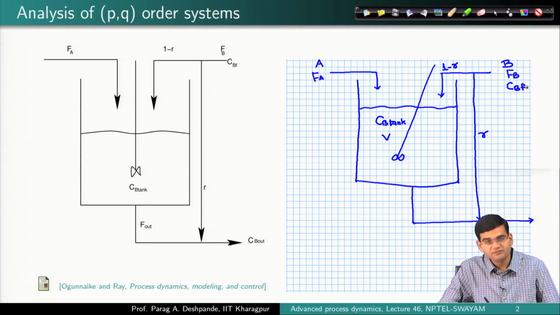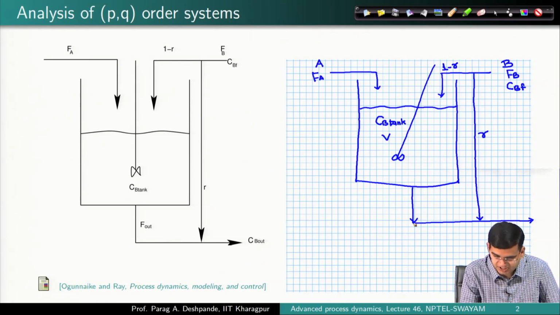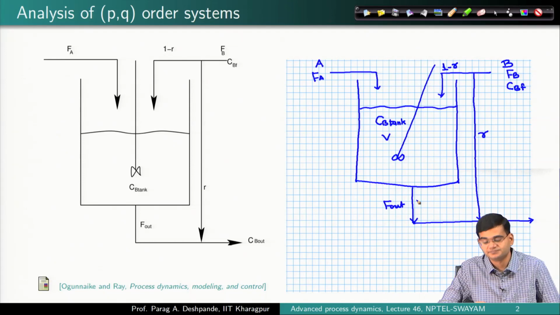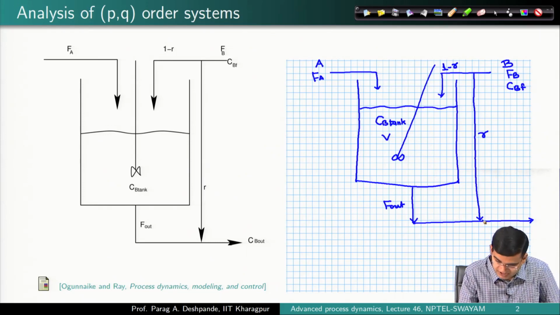Is there anything else which we would need to specify? Yes. What we also need to specify is that out of the tank there is a stream coming out, and the outlet from the tank has a volumetric flow rate F out. You have a junction, let us say the junction J here.